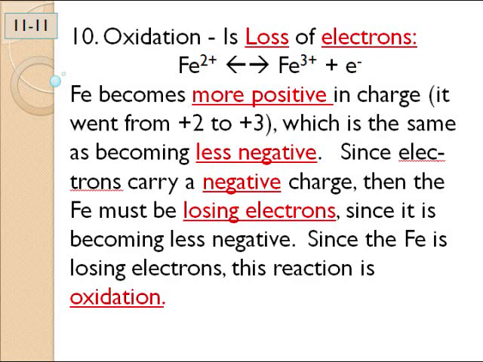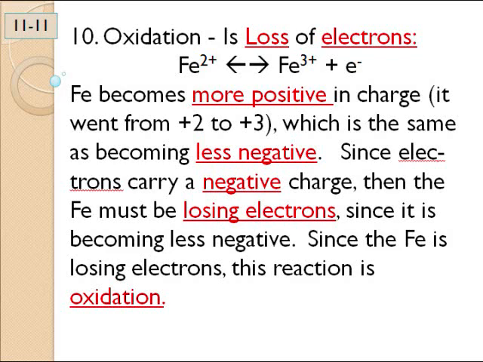Because it lost a negative charge, and now the positive shows itself. So iron, when you go from +2 to +3, are you not getting more positive? Isn't 3 more than 2? But if you're more positive, guess what you also are? Less negative. There you go. You're one way or the other.